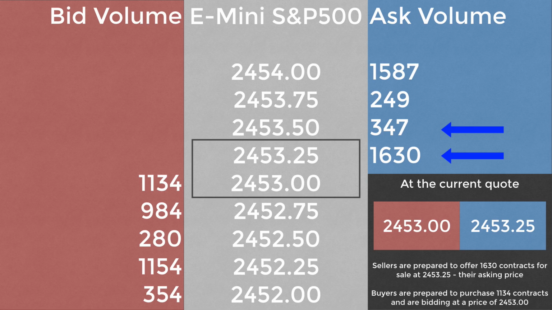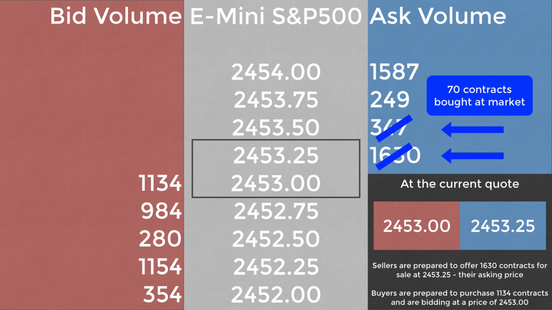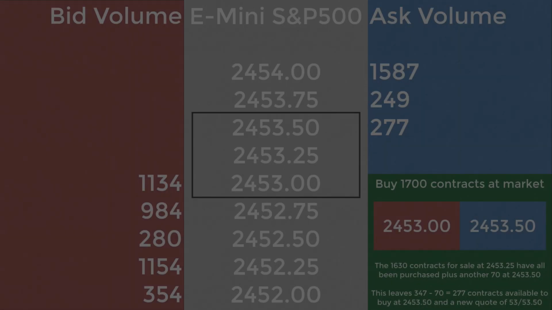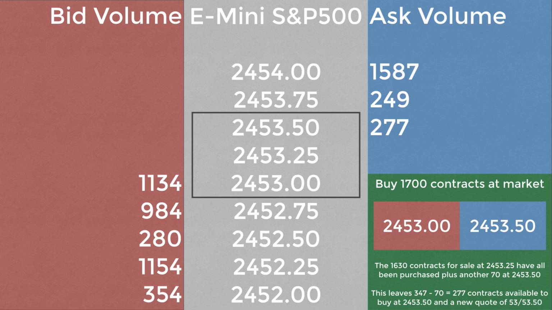If I buy 1700 lots at market, and if we assume that this volume isn't replenished, as my order trades, I'm going to consume all 1630 of those contracts which were available at 53.25 and another 70 contracts that were sitting available at 53.5. The price quote will then move to 53.5 because I've eaten all of the available supply at 53.25.